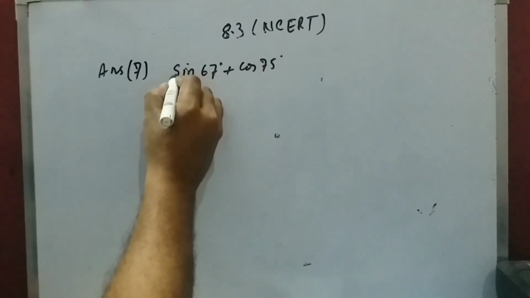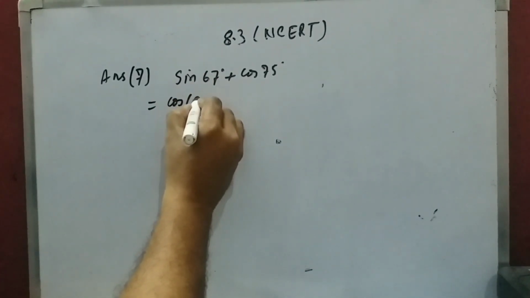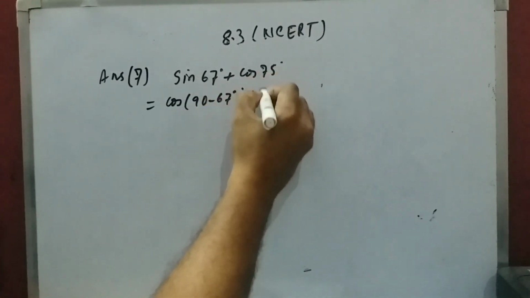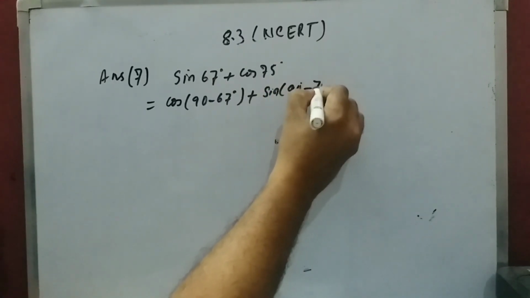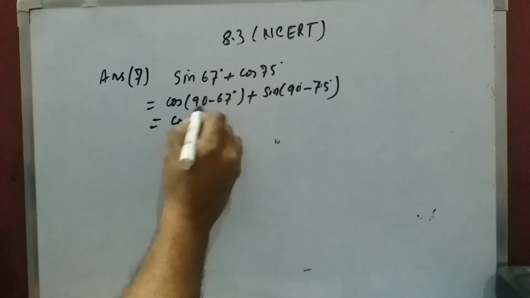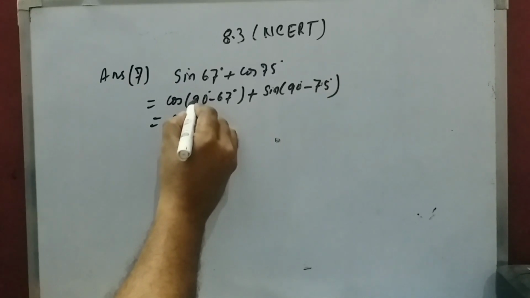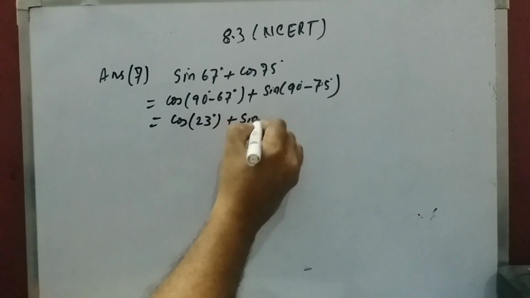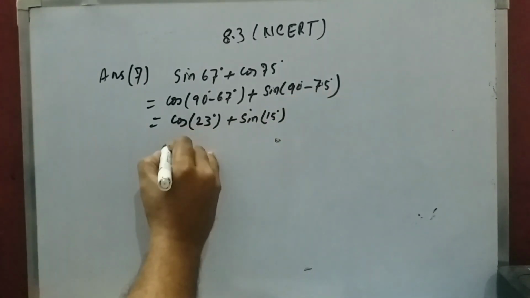If you are writing cos, then this becomes 90 degree minus 67 degree, and if you are writing sine, you will write sine(90 minus 75 degree). So it becomes cos 23 degree after simple subtraction, and sine 15 degree, and this is your final answer.